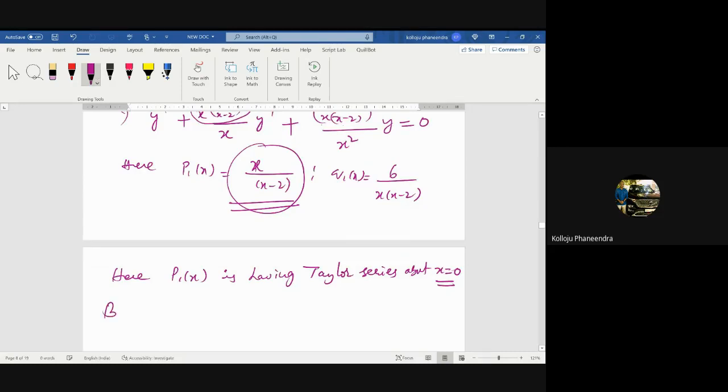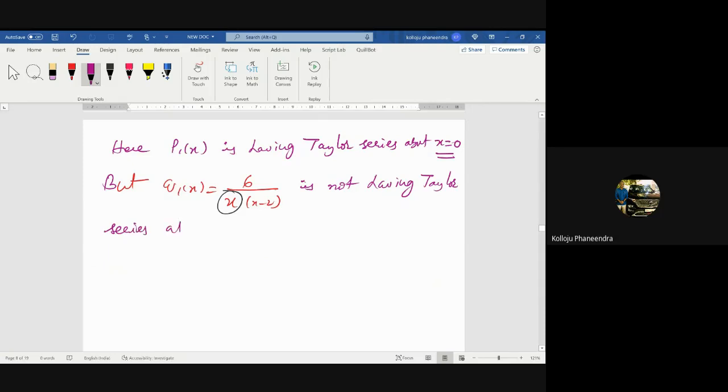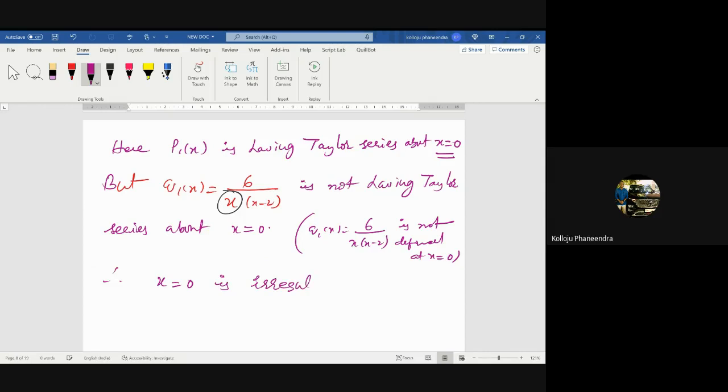But q1(x) equal to 6 by x into (x minus 2) has an x in the denominator, so it does not have a Taylor series about x equal to 0, because it is not defined at x equal to 0. Therefore, what is the singular point? X equal to 0 is an irregular singular point.